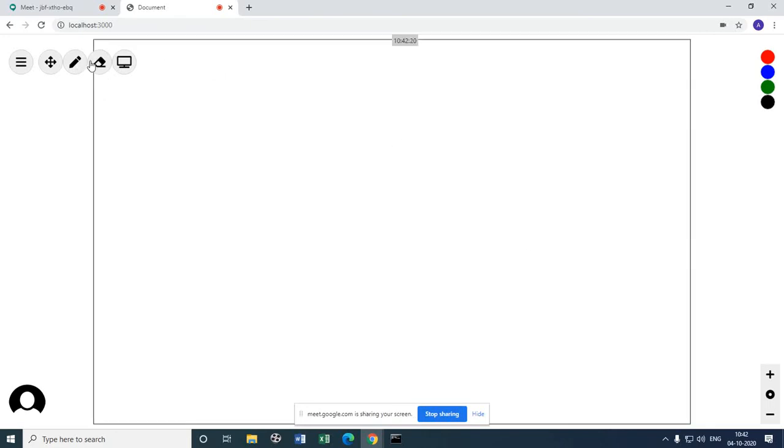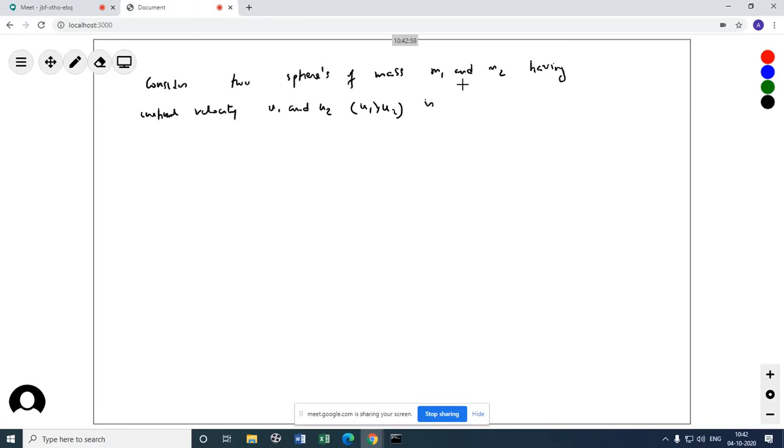Consider two objects. Consider two balls, two spheres of masses m1 and m2, having initial velocities u1 and u2, moving along the positive x direction.